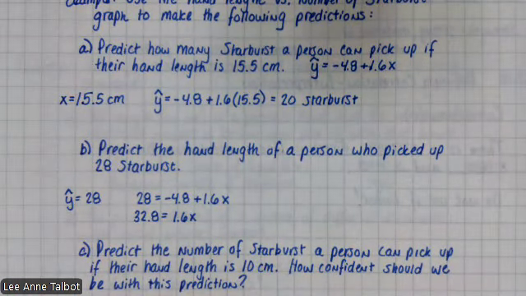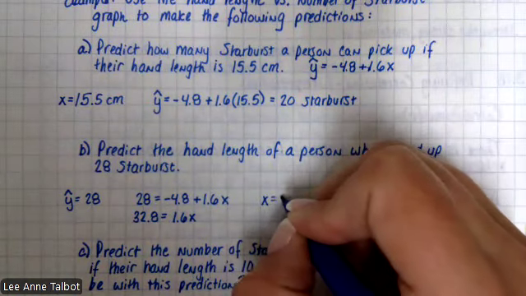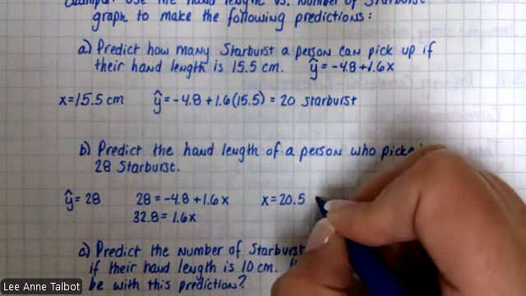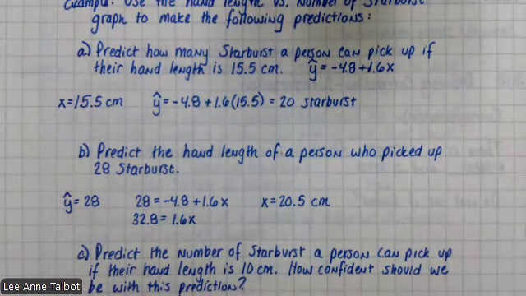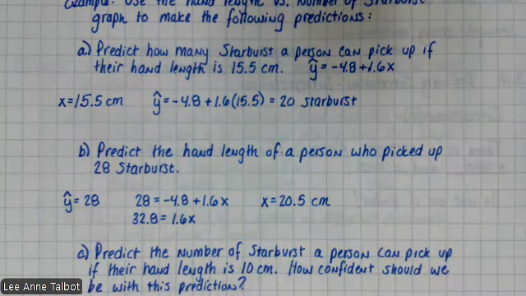Divide by 1.6. Okay, then let's check our answer on the graph. 20.5. 28. Yeah, it's actually almost perfect.